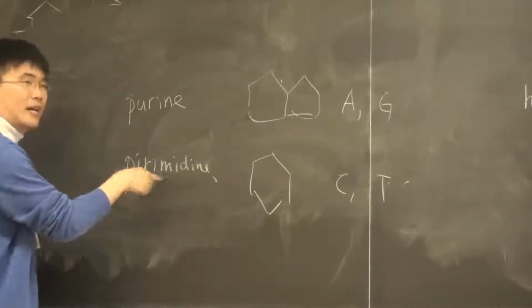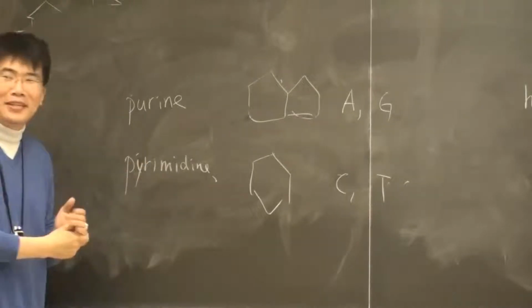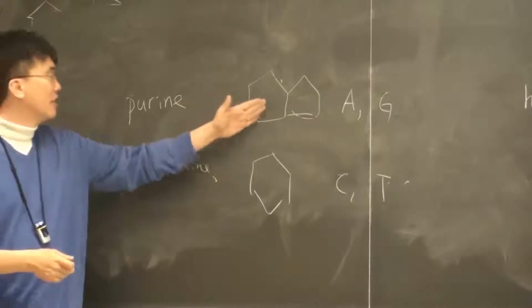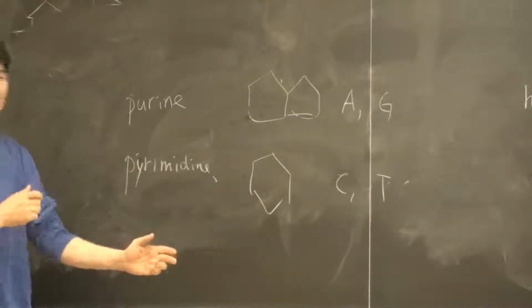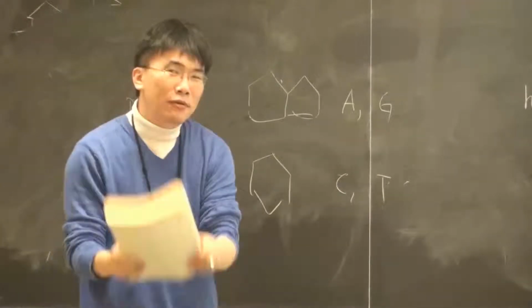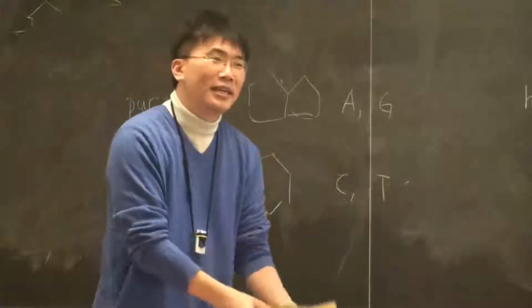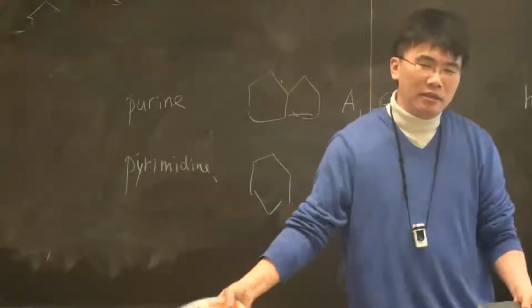The way I memorize this is that whatever is larger has a shorter name. So I have purines and pyrimidines.